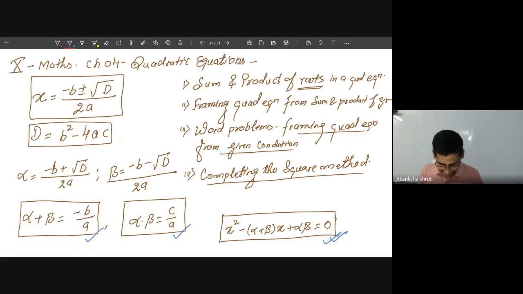And here we will get this alpha plus beta equals minus b by a, not by comparison method, but by adding the roots of the quadratic equation.